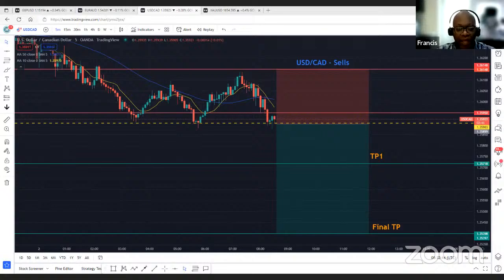When you're trading correlated pairs, a lot of traders do not know much about correlation. Now, two pairs could have either a positive correlation or a negative correlation, a negative being an inverse correlation, which means if one pair is going up, the other one is going to be going down. So with USD CAD and gold, when gold is going up, CAD is most likely going to be going down.